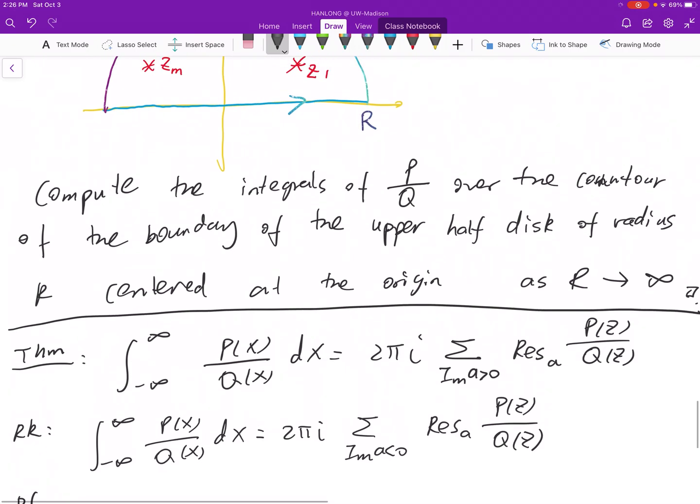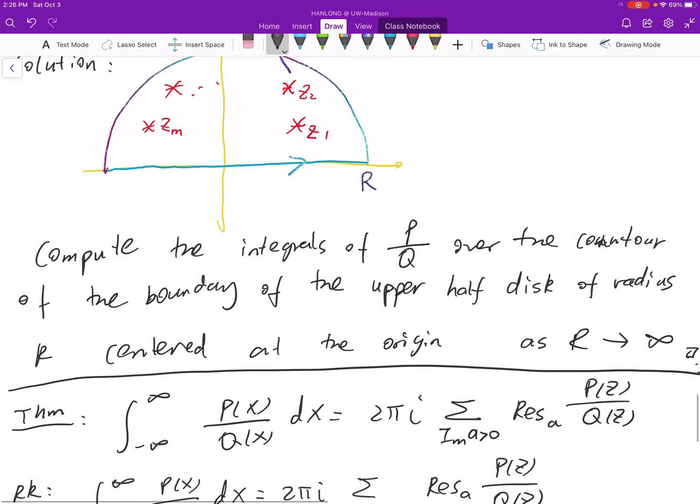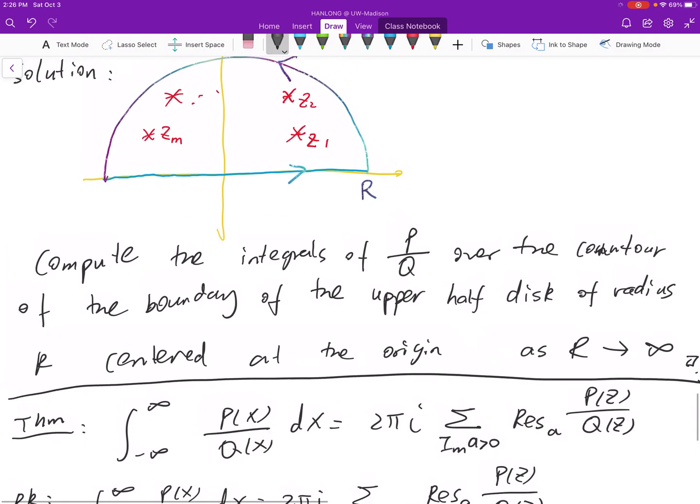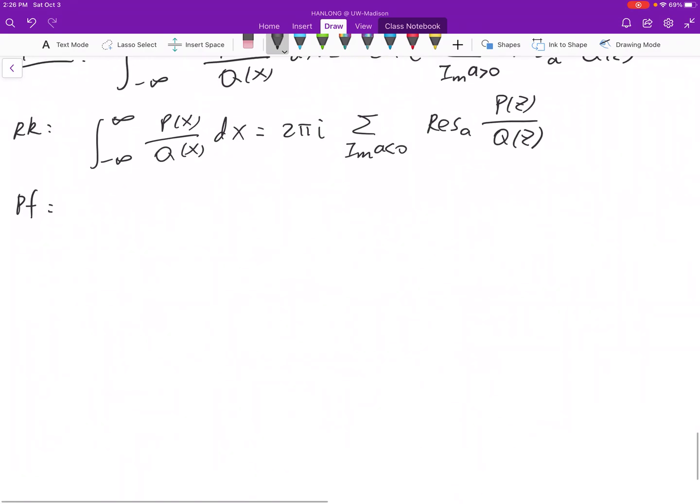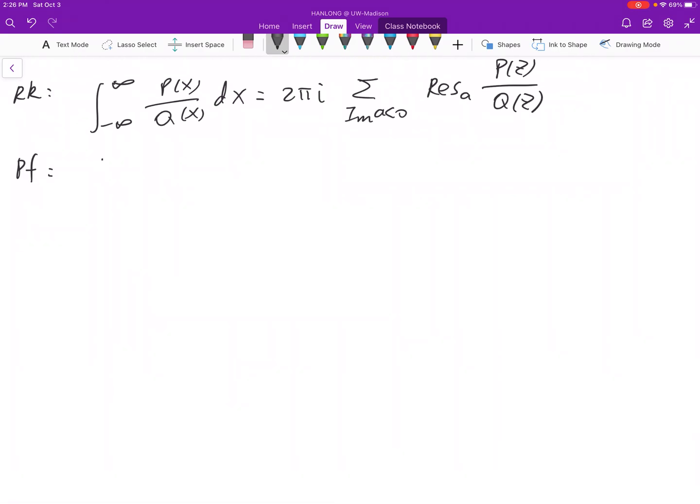So before we prove this, let's look at what this means. Intuitively, this means you can throw away the circular boundary. To be more precise, we need to set up everything and do an estimate.